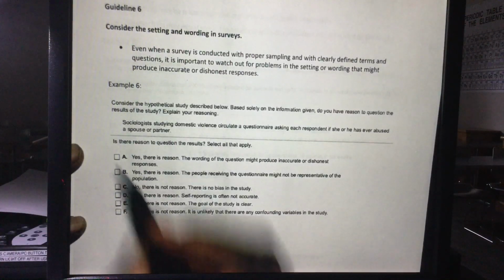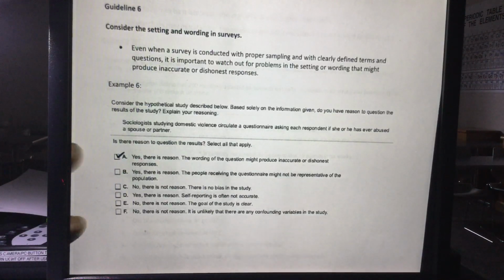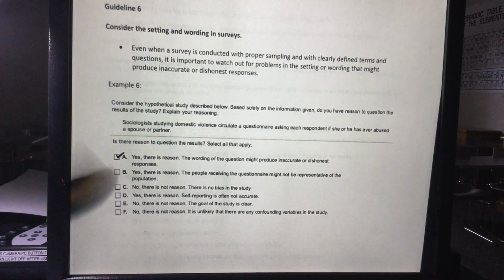That's because even the wording of the question can produce an inaccurate or dishonest response, because that person can easily lie and say they never abused a spouse, and they're still doing it.